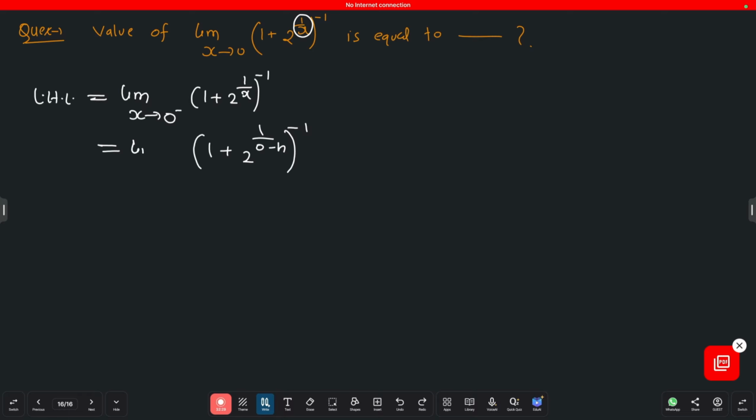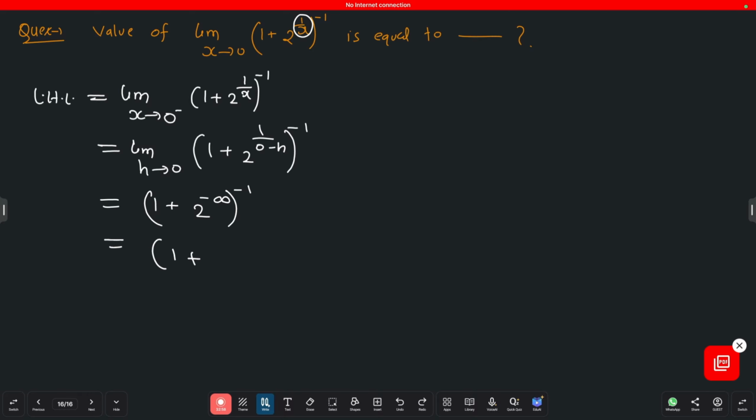Then limit h tending to 0. Okay. Now can we put the limit directly? Here h value 0, then it will be 2 power minus infinity, which is 0. We can put the limit: (1 plus 2 power minus infinity) whole power minus 1.